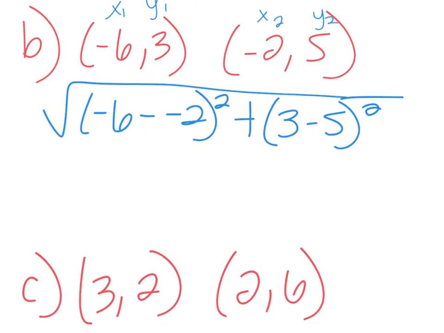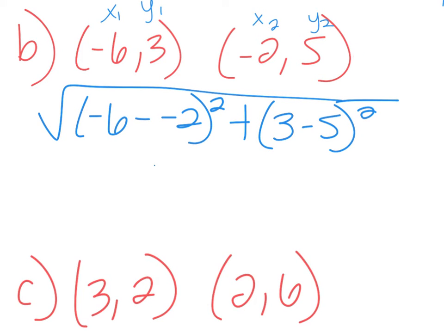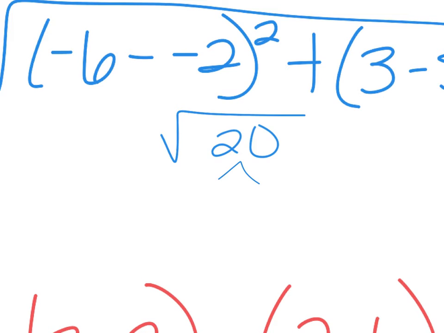Okay, so you solve all of that stuff underneath the square root, and you get 20, so I have the square root of 20. Now, can I break that apart? The answer is yes. Which perfect square goes evenly into 20? Well, that's 4, right? Because 4 is a perfect square, so 4 times 5. What is the square root of 4? That's 2. Drop down the square root of 5.